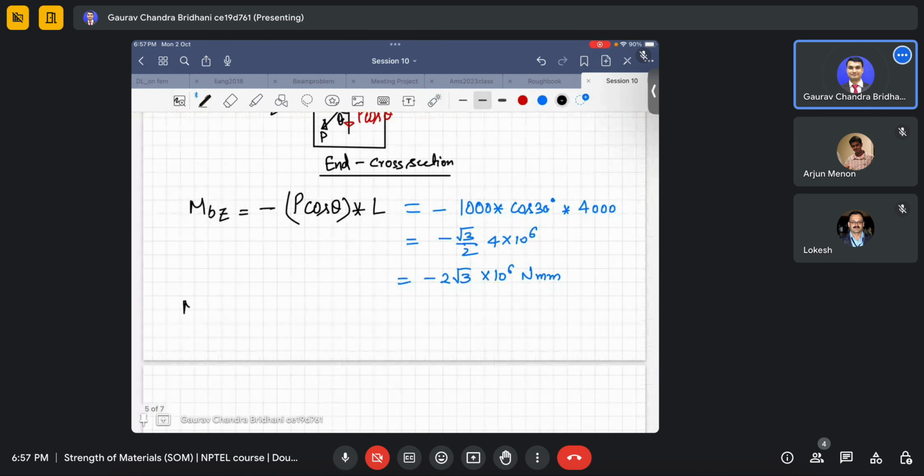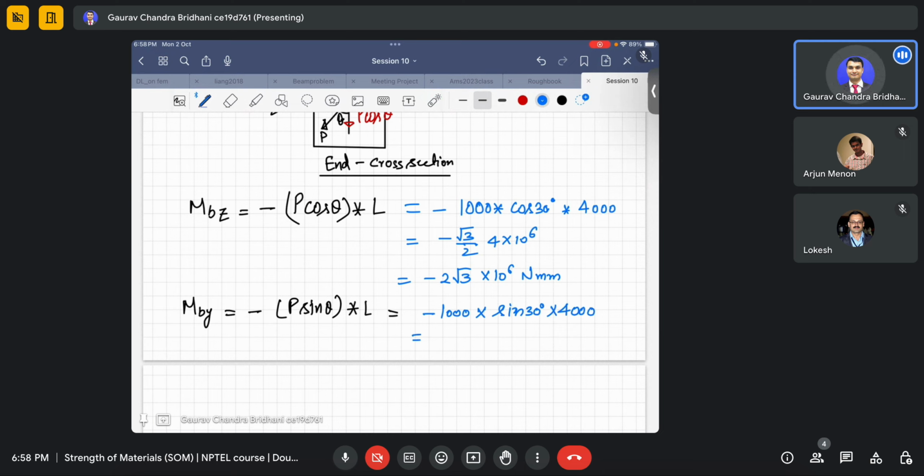So MBY will be minus of P sin theta into L, the same length. So minus of 1000 into sin of 30 into 4000.